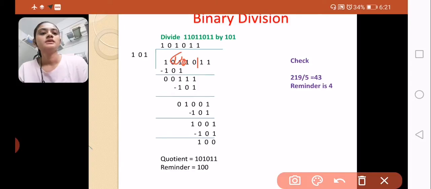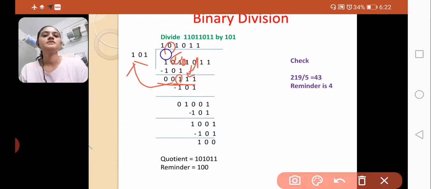So here you will get 1 0 0 1 after subtraction. So for the next process we will drop down this 1 here, but you can see that 0 1 1 is a smaller value compared to 1 0 1. So here 1 0 is taken and another 1 is taken here.